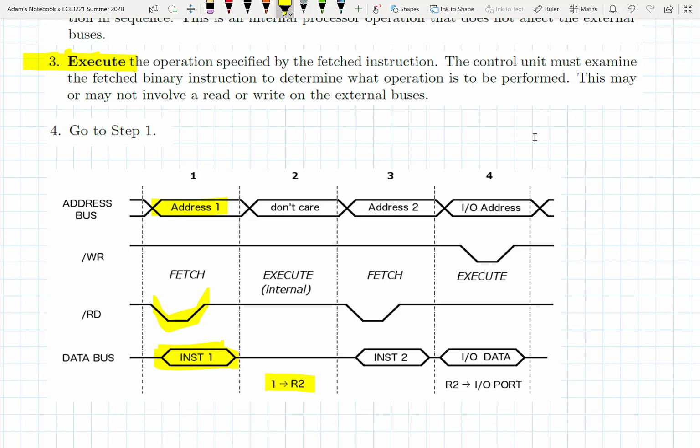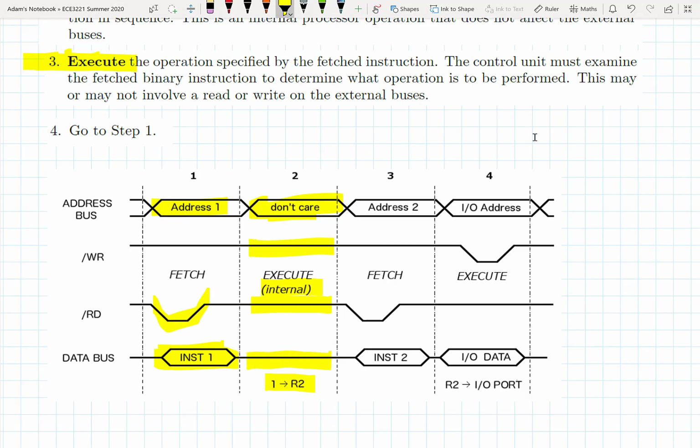If we assume for a second that the instruction was to load a value of 1 in register 2, that would be an entirely internal to the processor operation. It does not require access of external memory or external buses, so the address bus value is irrelevant. There's no read or write happening, and there's no data moving over the data bus.